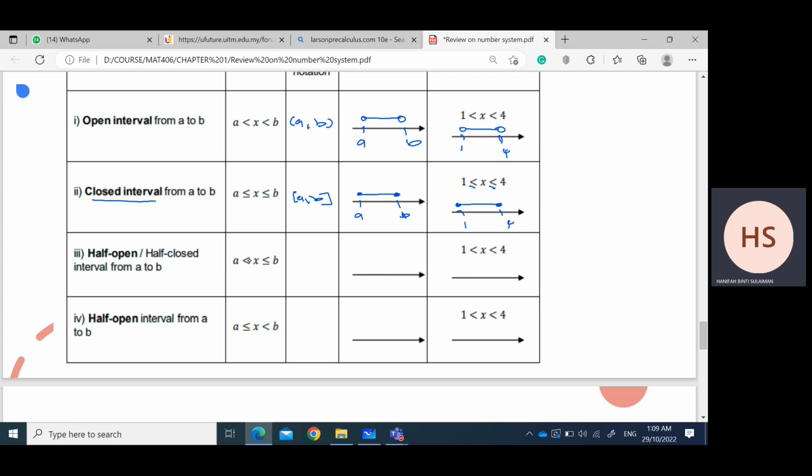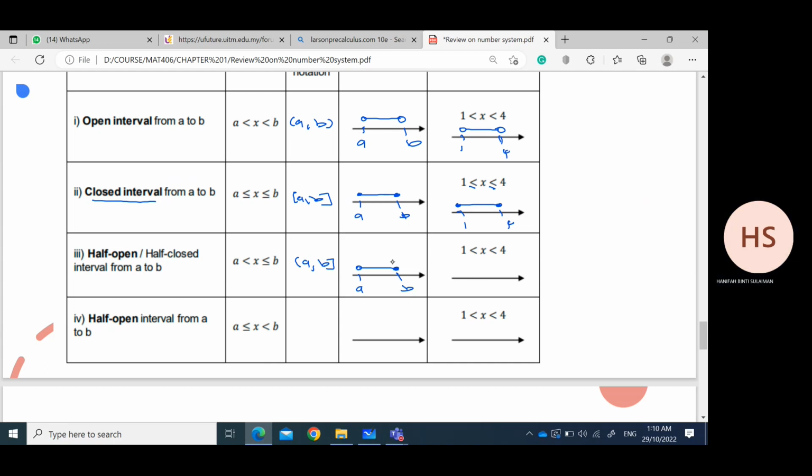So cara nak menulis yang ini, bila yang open interval dekat sini, macam biasalah, we use this parenthesis A and then B, it is included. Okay, macam tu. So kalau you form into number line, so A to B. So A, jangan colourkan bullet dia. So B, you need to color the bullet.